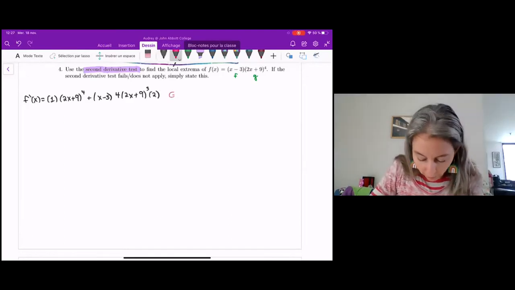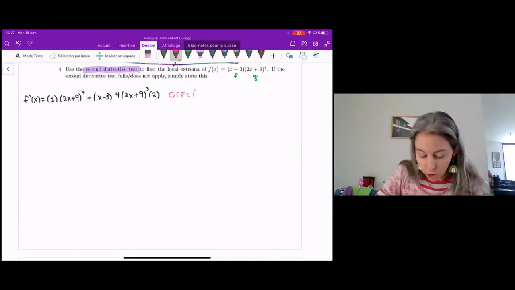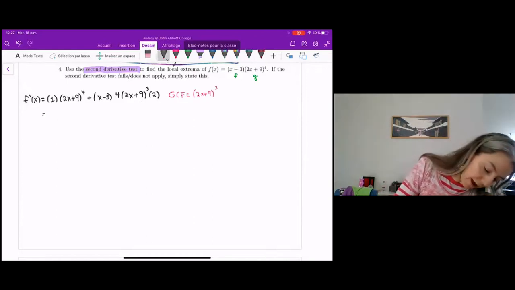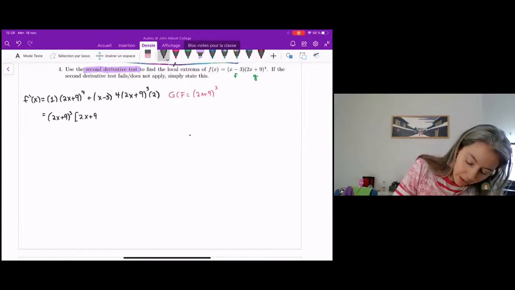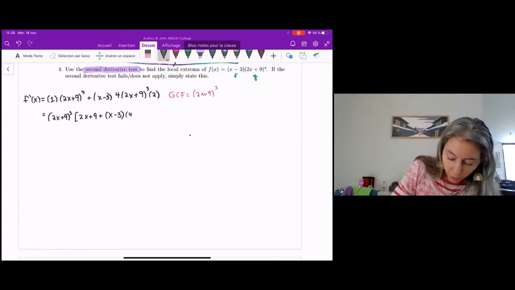And then my greatest common factor, because I'm looking for critical values and I want to simplify this, is just (2x plus 9) cubed. So I'm going to factor out that (2x plus 9) cubed. What I have left in my first term is 2x plus 9, and what I have left in my second term is (x minus 3) times 4 times 2.